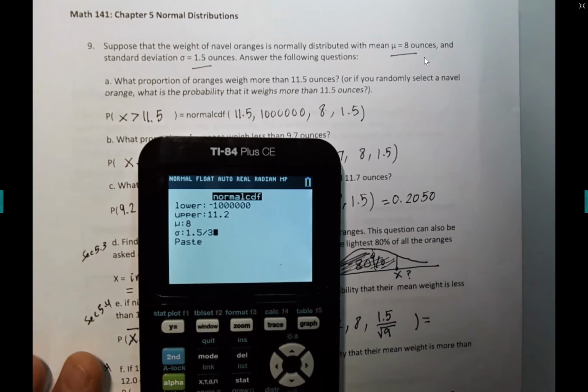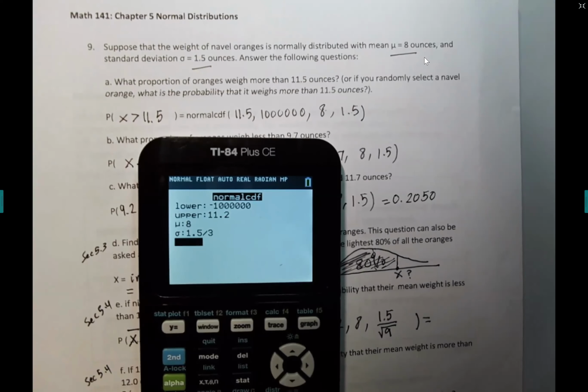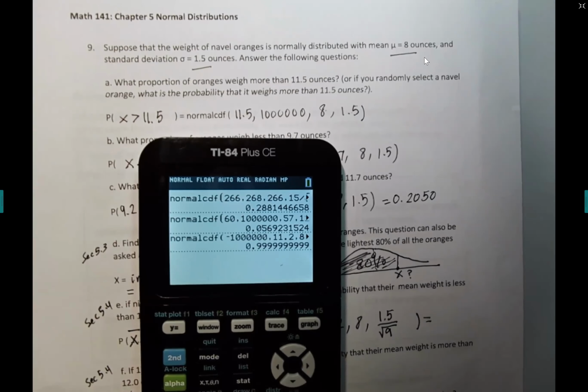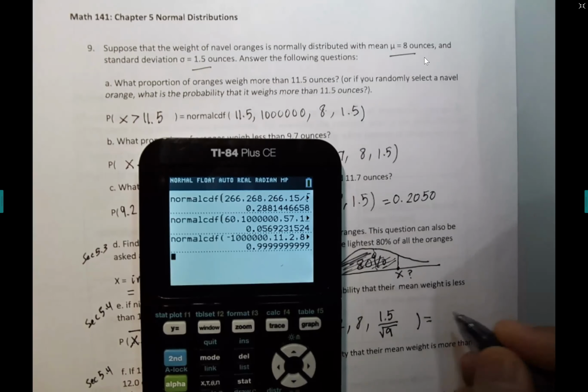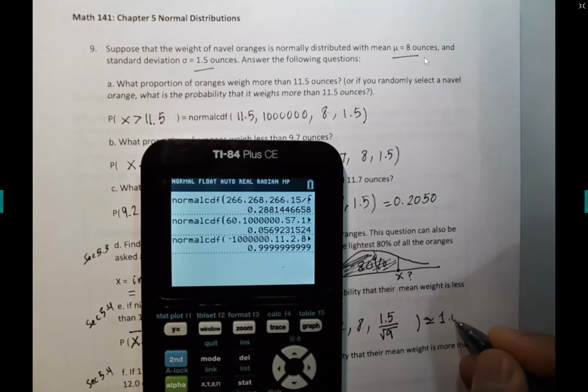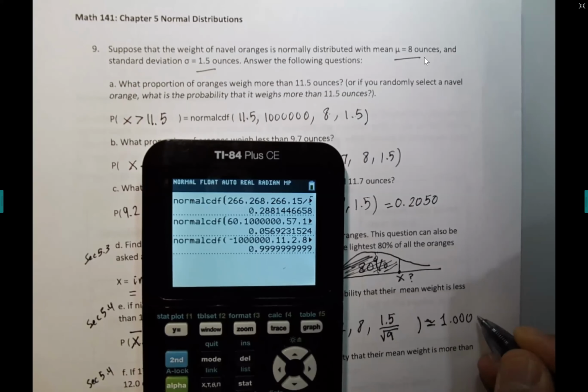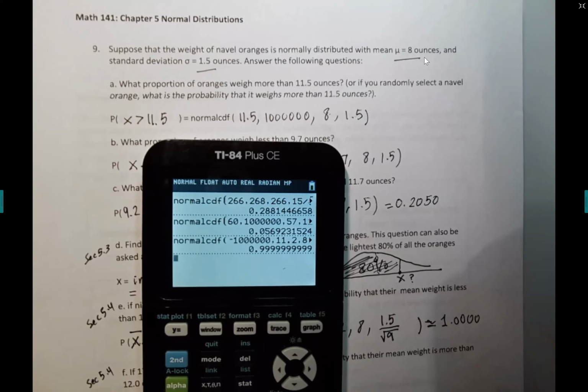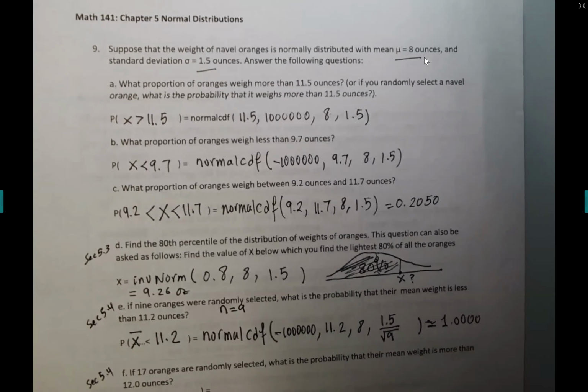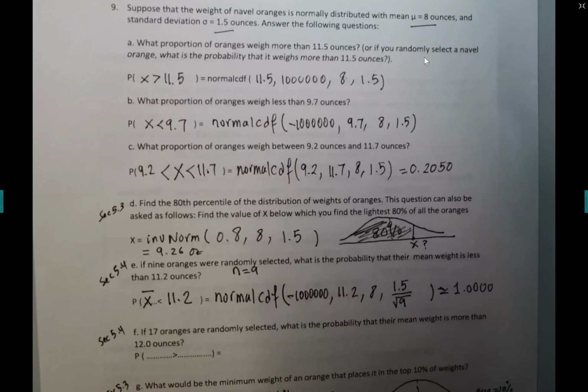I'm just going to put 3 here. Okay, 0 point, it's almost 1. If you round it, it's going to be 100%. So that means on average they have weight less than 11.2 ounces.